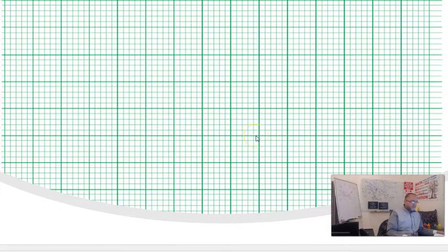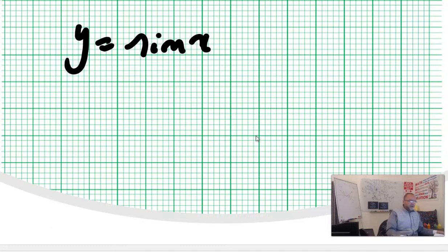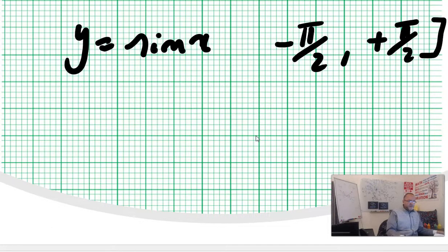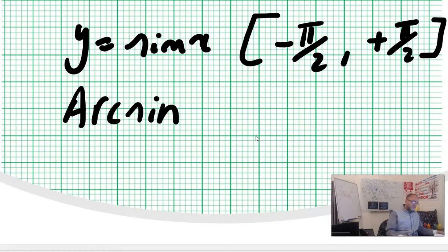Now if I'm going to draw, if I write y equals sine of x, and I write my domain as minus pi over 2 to plus pi over 2, I want to restrict it. This domain becomes the range of the arc sine of f of x, which is arc sine of x, or sine inverse x, not to the power minus 1.